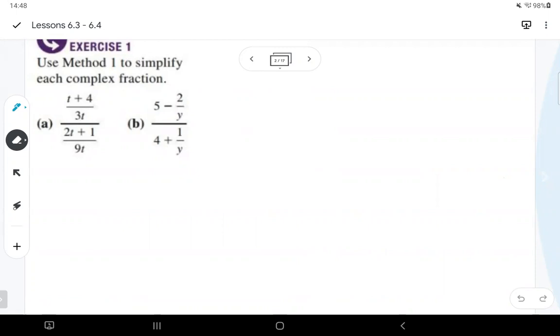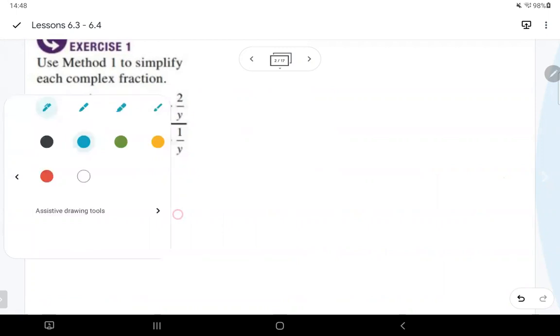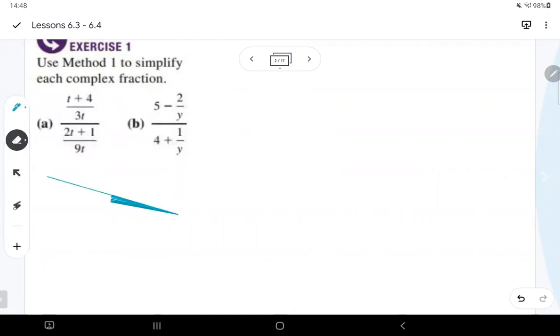Now you can see in part A, if we look at each piece as a qualifying moment, the top is one fraction, so that's a go.